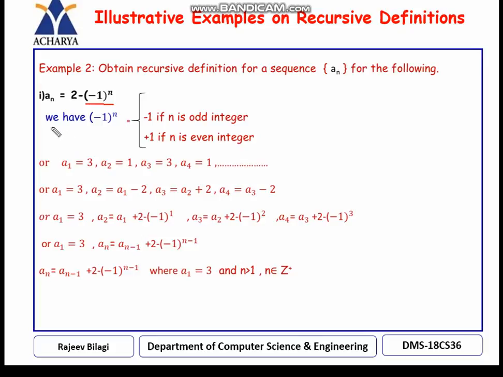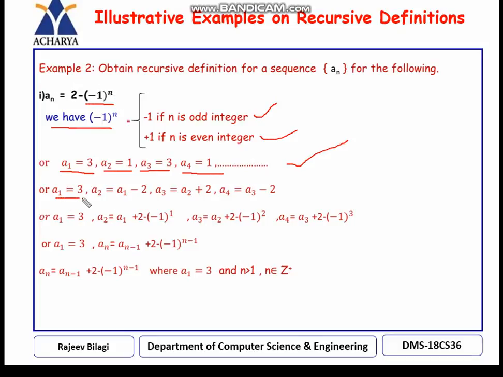We know that minus 1 to the power of n equals minus 1 if n is an odd integer and plus 1 if n is an even integer. Now based on this, a1 is equal to 3, a2 is equal to 1, a3 is equal to 3, a4 is equal to 1. Like this you get the sequence by substituting the value of n in the given an.